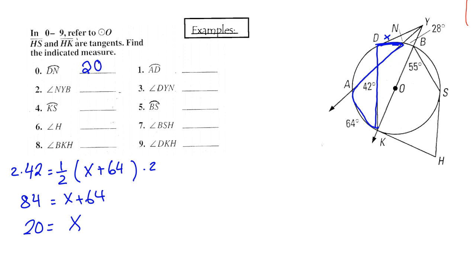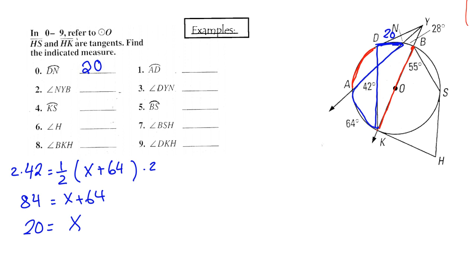I'm going to go back again, and I'll try to put it right away on my circle. So this is 20. Let's move on to 1, which is you want to find arc AD. So here's arc AD. And with this arc, you have a diameter. So if you have a diameter, this whole big thing from B, the measure of arc BD all the way to K, is equal to 180.